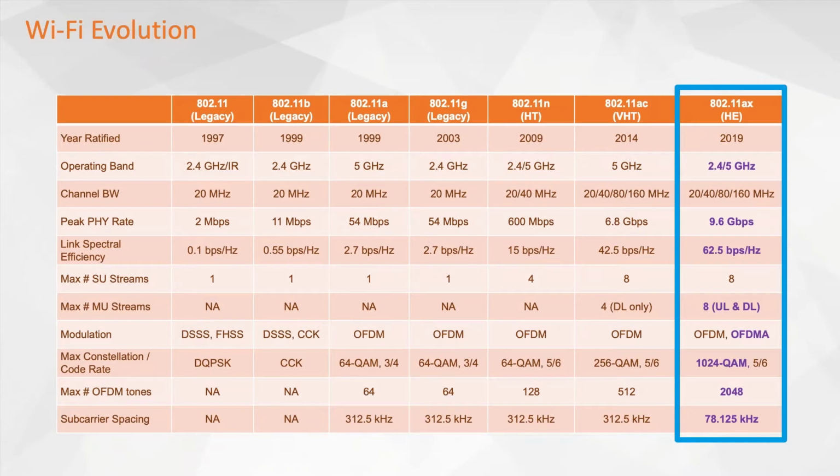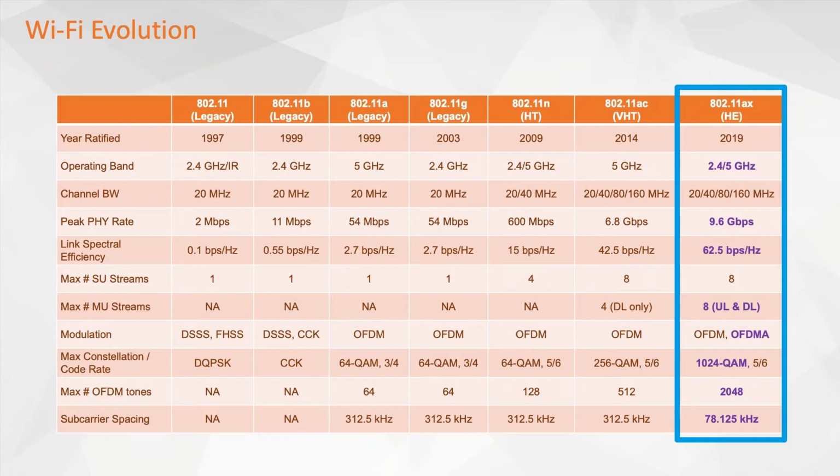So this is, I know it's a bit of an eye chart. However, we can quickly see how far we've come. So from 1997, when the first version of 802.11 wireless came out, which was 2 megabits of peak PHY rate.